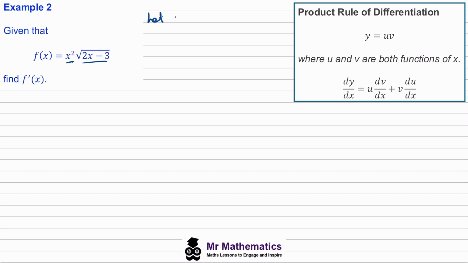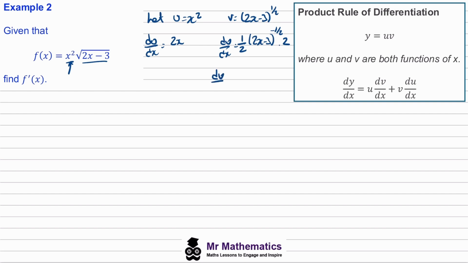If we let u equal x squared, so this term here, then du by dx will be 2x. And if we let v equal the square root of 2x minus 3, I'll write this as a power, then dv by dx, using the chain rule, will be 1/2, bringing this power down, lots of 2x minus 3 to the negative 1/2, taking 1 away from this power, multiplied by the derivative of this inner function, multiplied by 2.